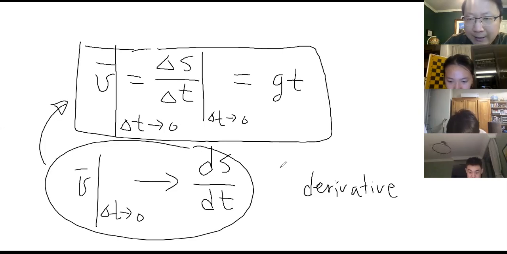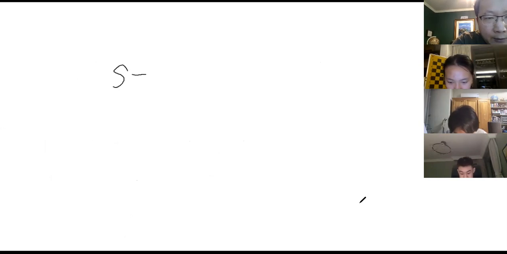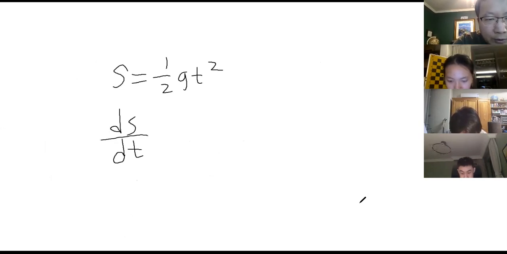So for a function like 1/2 gt squared, ds dt, which means this function's derivative, equals gt. Got it?